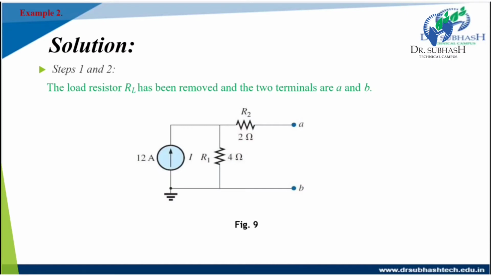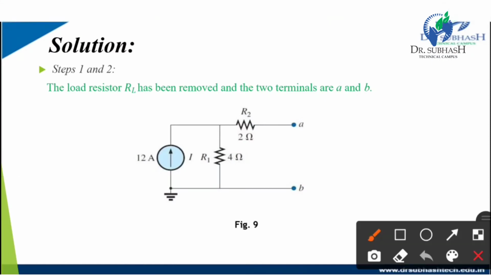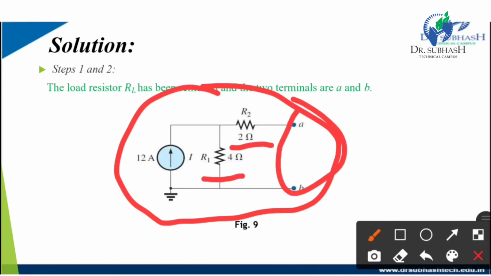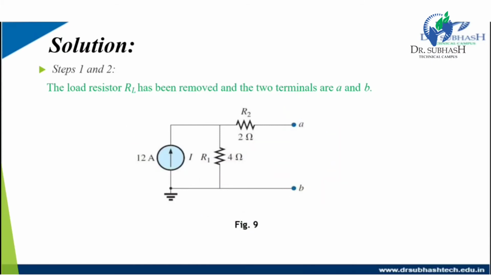In this example, RL equals R3, so we remove it between the terminals A and B. Here the current source is 12 ampere, R1 is 4 ohm, R2 is 2 ohm, and R3 we removed and just gave the notation A and B.